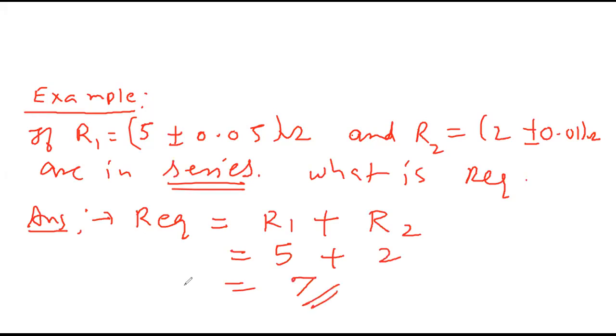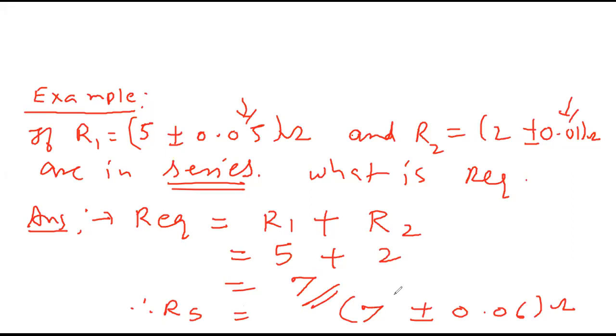But with proper error limit, these two errors I have to add. So directly I can say, therefore, R in series is the actual value 7 plus or minus 0.06 with error limits. Anybody who has not followed this? Everybody has followed? Yes, sir. Okay.